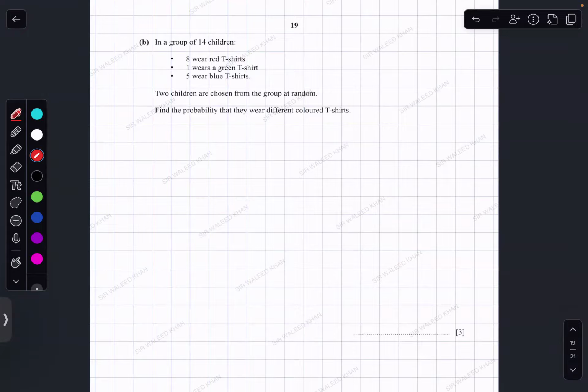There are 3 colors, and they are choosing 2 children at random, right? So if I make a list, for red we have 8, for green we have 1, for blue we have 5, and the total will be 14.